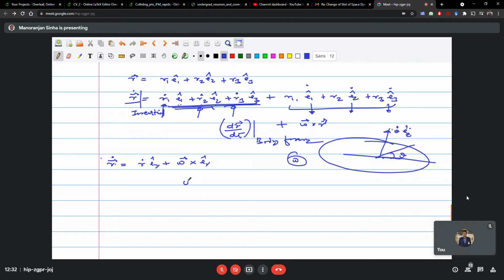So this becomes R dot ER cap plus theta dot EZ cross ER. This is a vector along the E theta direction, isn't it? So this becomes E theta cap.